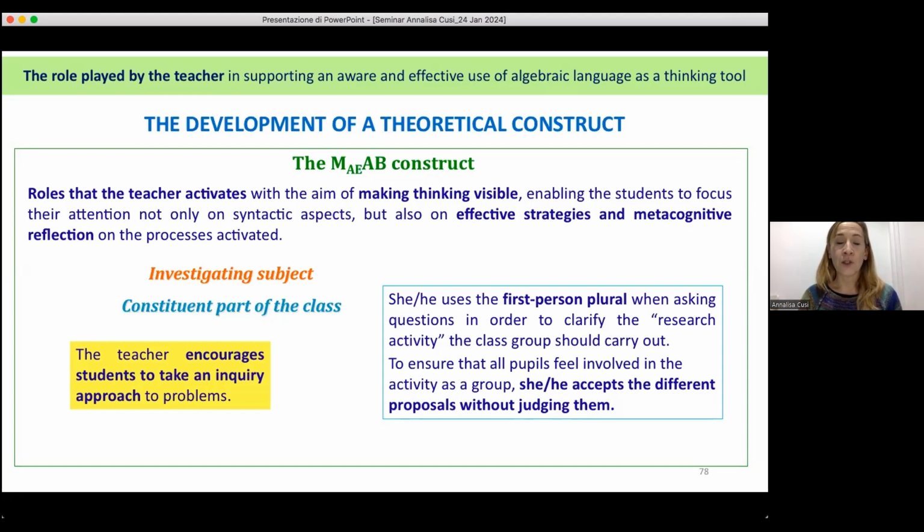Usually the teacher uses in this case the first person plural because she's part of the group, so the "we", usually, not in this transcript, but often it happens. And to ensure that all pupils feel involved in the activity as a group, she accepts the different proposals without judging them.